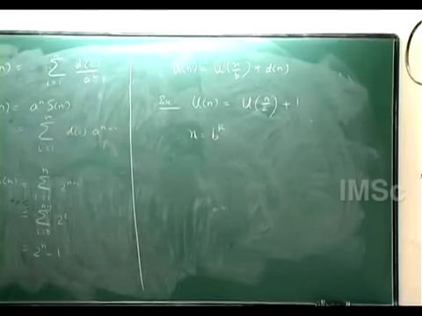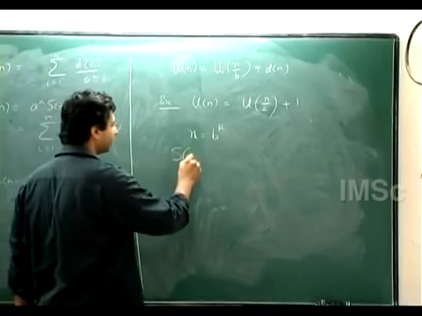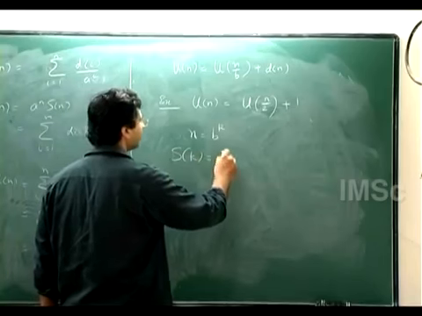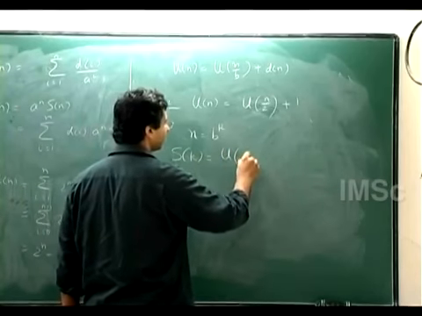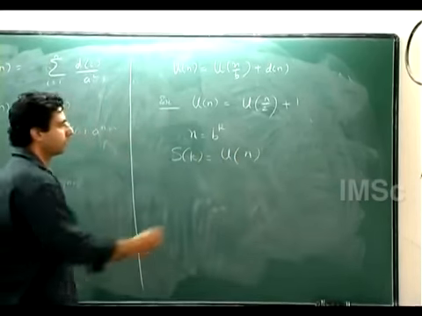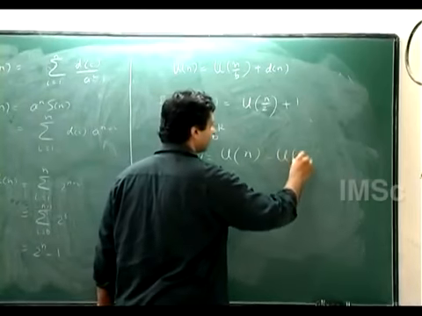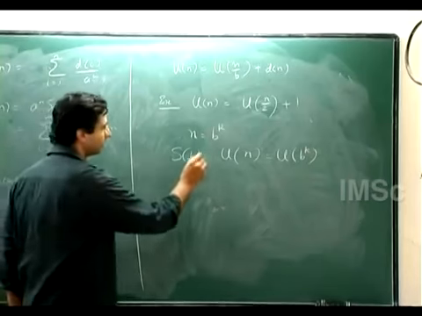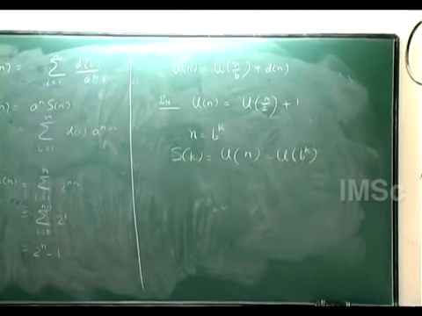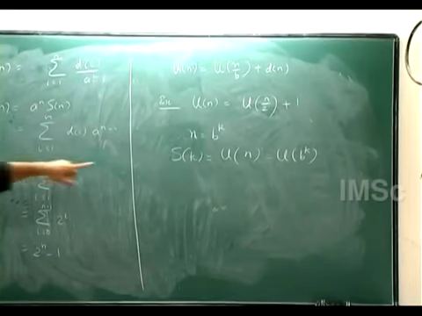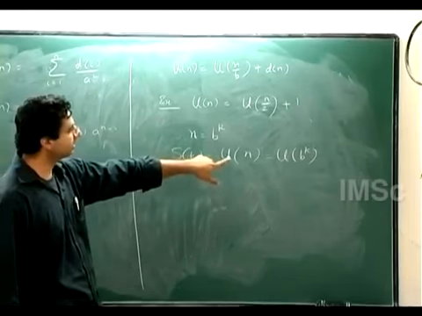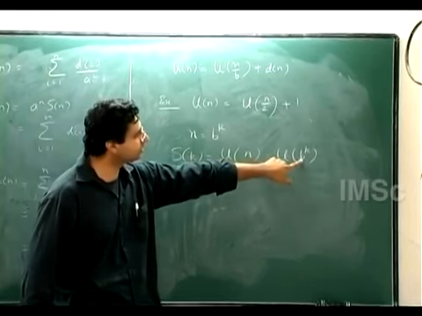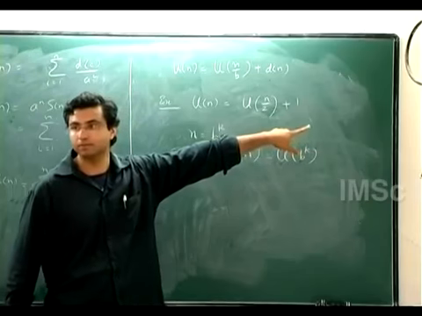And then we'll define s of k to be u of n. So k is roughly the log of n base b. So we define s of k as the function u evaluated at b raised to k.